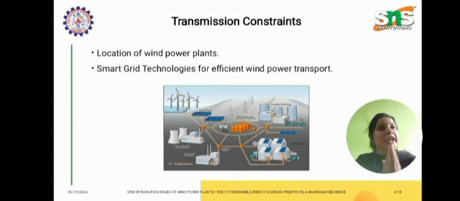The major requirements of typical grid codes for operation and grid connection of wind turbines are the voltage operating range, the frequency operating range, the active power control, the frequency control, the voltage control, the reactive power control, the low voltage ride-through capability, and the high voltage ride-through capability. These are the various things we have to focus on for the grid connection requirements.